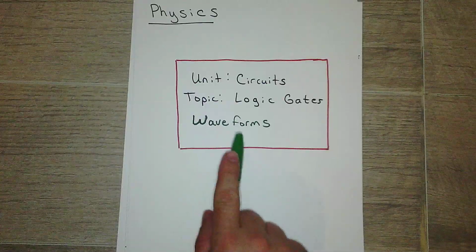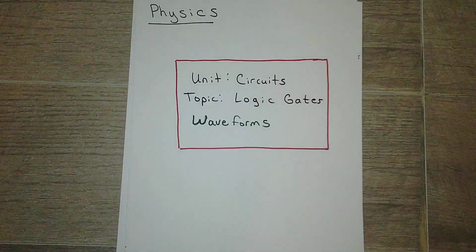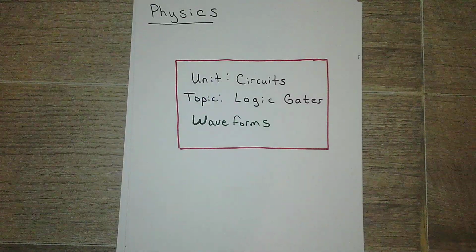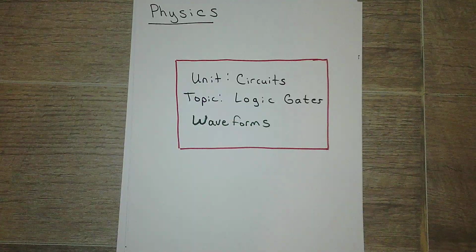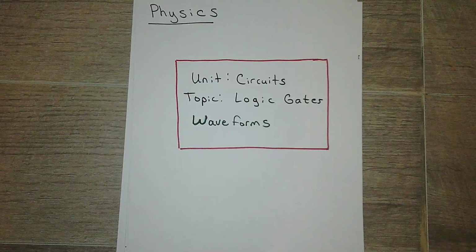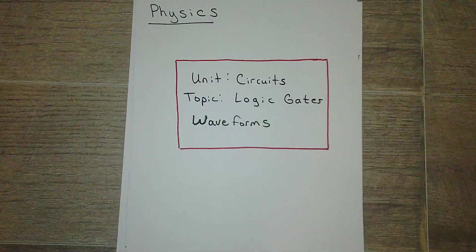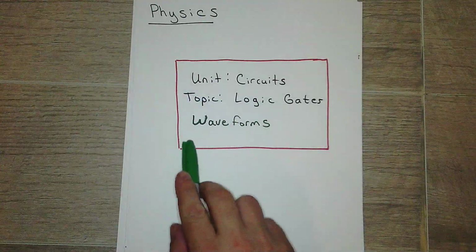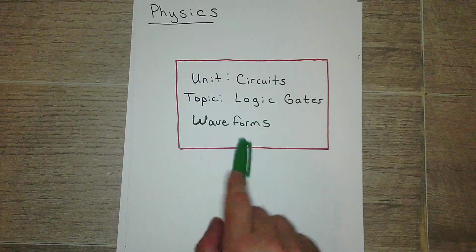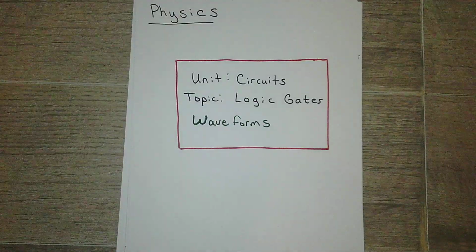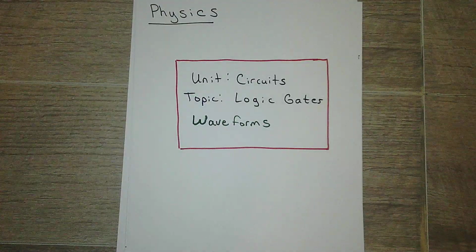A waveform is useful when any type of software engineers or electrical engineers or computer engineers are looking at systems or trying to identify anything that's going on in the system; they look at the waveforms. So remember, logic gates are just types of commands where they control stuff.